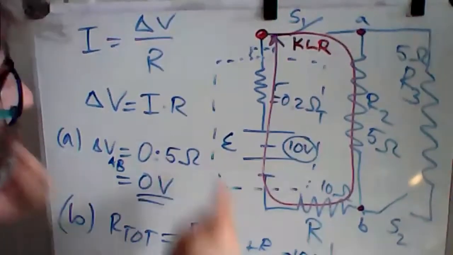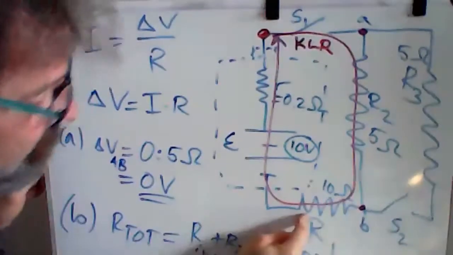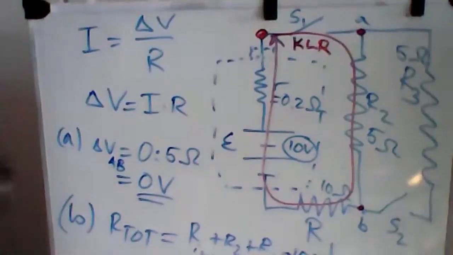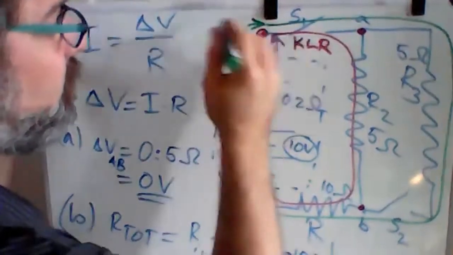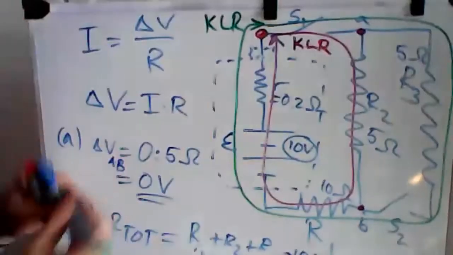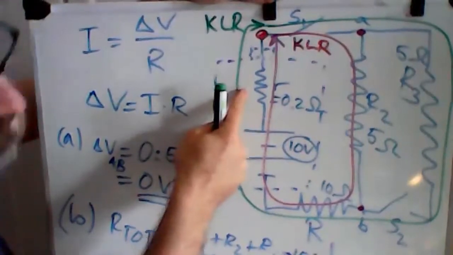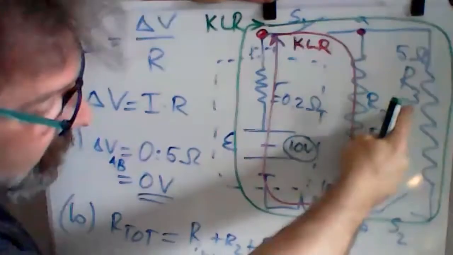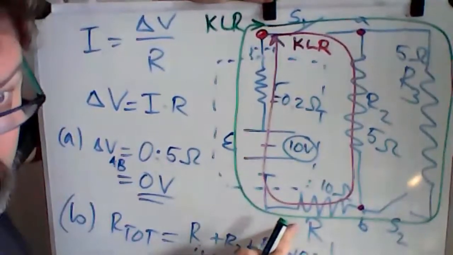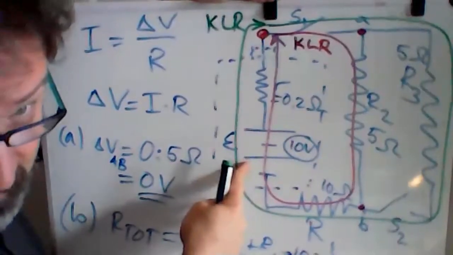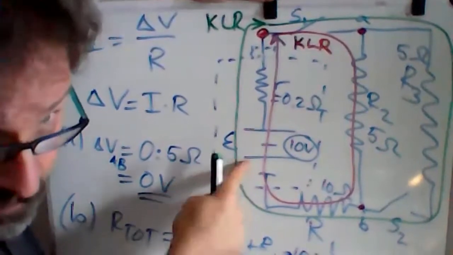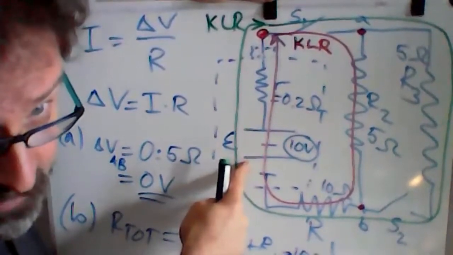The same thing has to be true of this, this, and this, because we can also make a Kirchhoff's loop rule for the big loop. So we could also apply Kirchhoff's loop rule this way. And then you'd see that the voltage drop through the little resistor internal, plus the voltage drop through R3, plus the voltage drop across R1, totals the voltage lift you're receiving from the power source or battery.